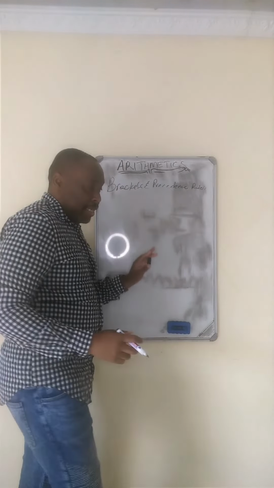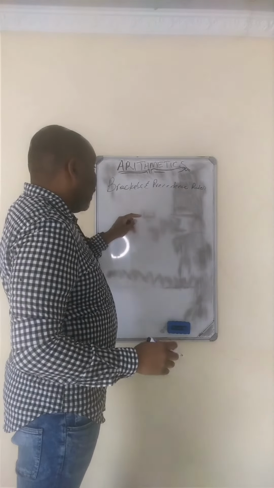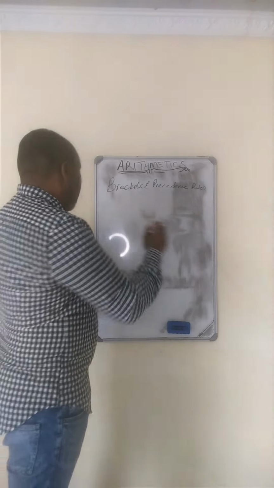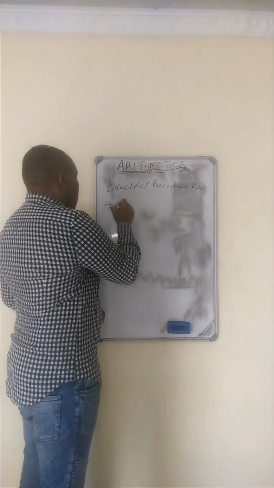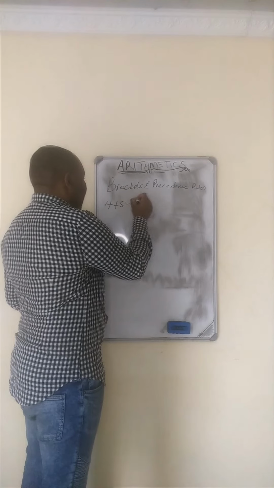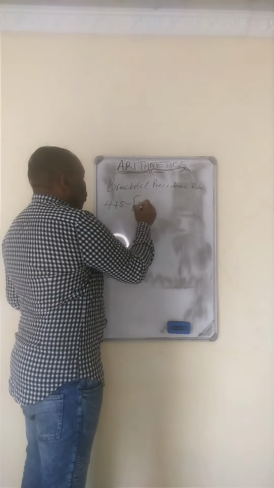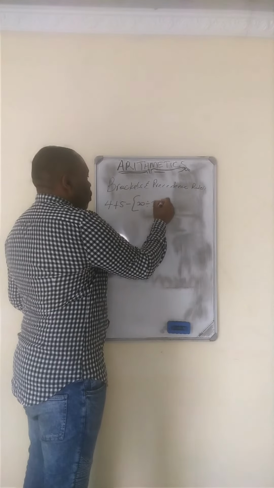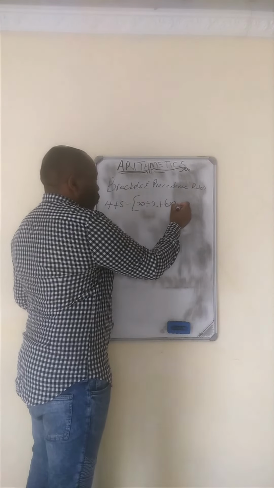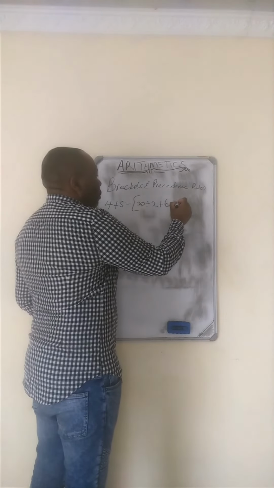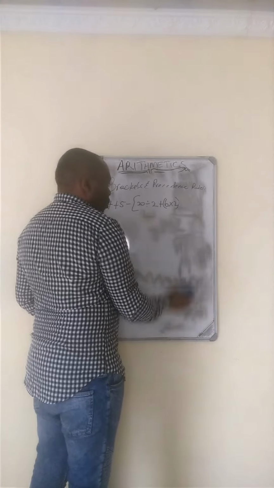Now, this is what I want to finish with. And the question in this, let me put it this way. It's 4 plus 5 minus, open bracket, 20 divided by 2 plus 6 times 2.